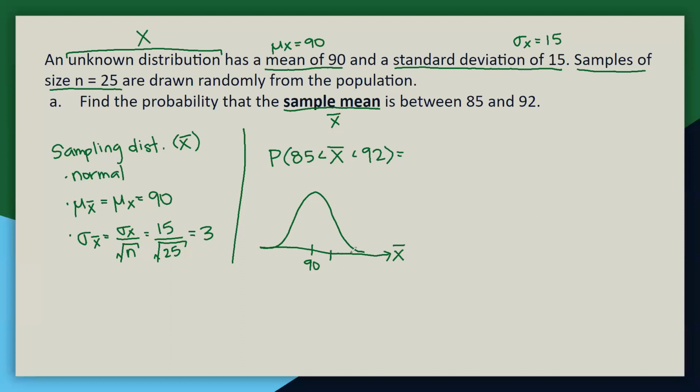And I know when I go to make my hash marks, when I'm counting out those standard deviations, I'm counting by threes because the standard deviation is 3. And then I'm going to shade in the area of interest. So I'm looking from 85, which is right about here, just above 84, all the way up to 92, which is just below that 93. So we're interested in finding this shaded area here.